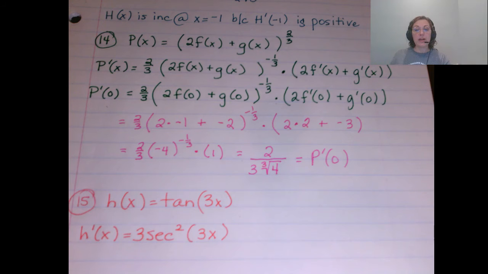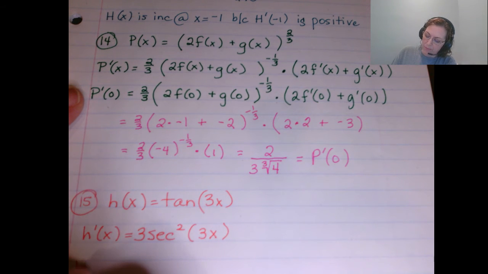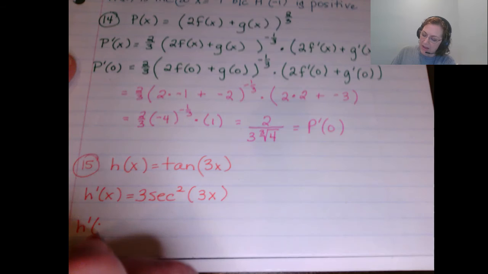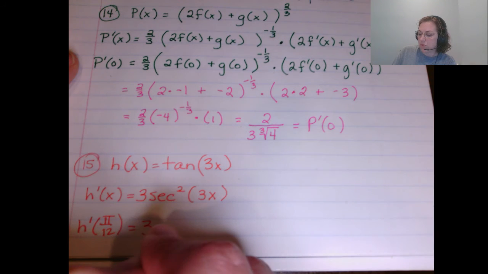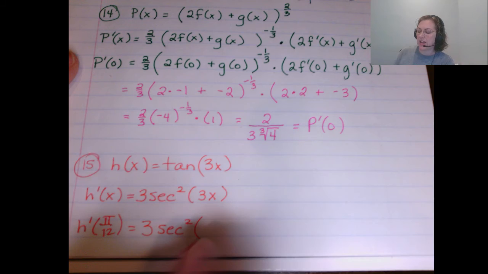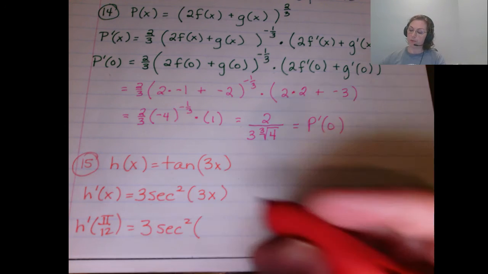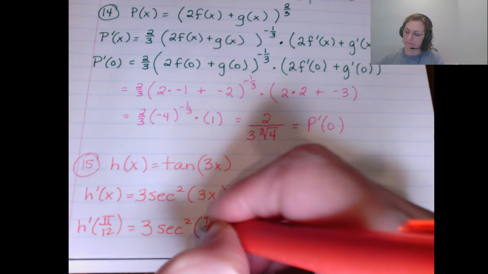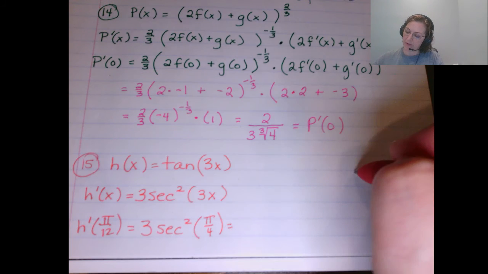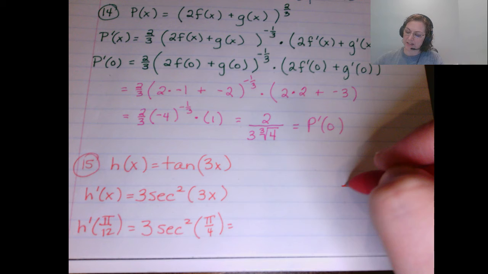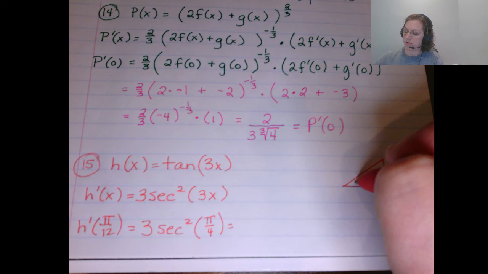Okay, we'll go ahead and find this value at pi over 12. So we've got 3 secant squared, and then 3 times pi over 12 would give me pi over 4. Now think about what that pi over 4 triangle looks like. That's a 45-degree triangle.